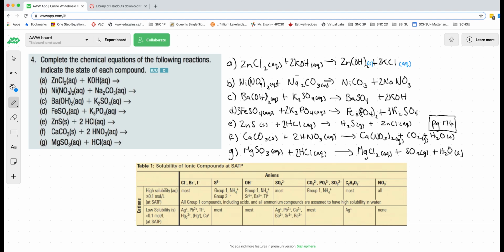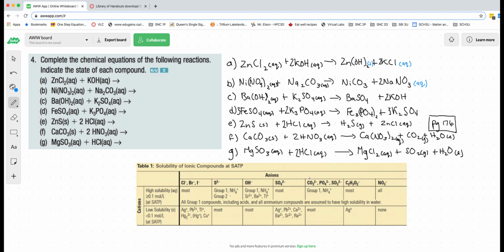So again, I'm not going to go over the ionic naming. We should know this already. But for B, nickel is going to replace or switch with the metal sodium. So it becomes nickel carbonate and sodium nitrate. Nitrate is your friend. Everything is going to be aqueous with nitrate. On the product side, as you can see, all have high solubility versus none here.